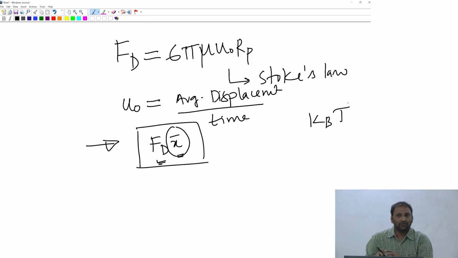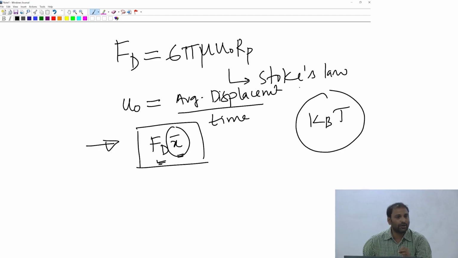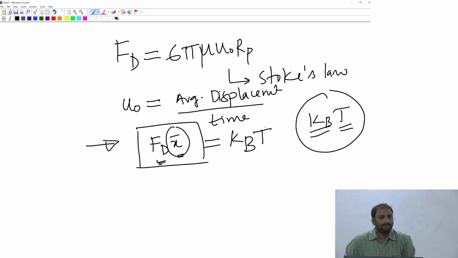Because your fluid is at a finite temperature. Whenever you have a finite temperature, every molecule is going to be associated with an energy given by the Boltzmann constant times your temperature. Therefore, the energy required to move the particle, which is Fd times x bar, actually comes from the thermal energy.